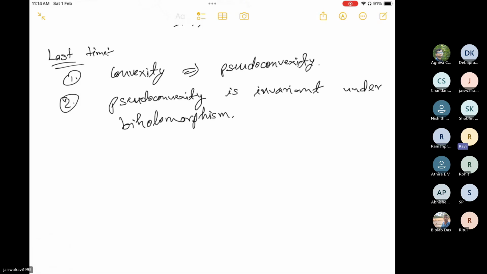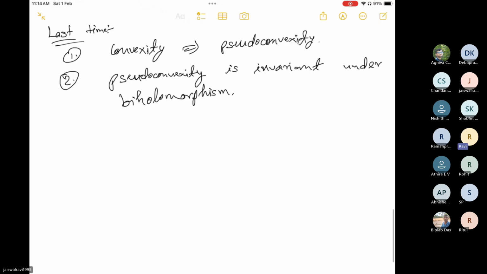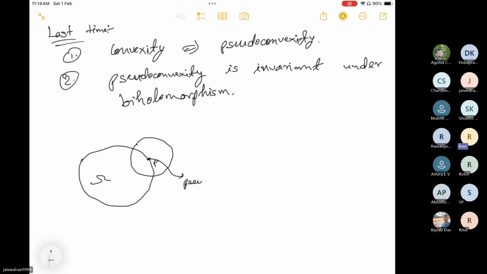So in lecture one, we defined the convex domain, and in lecture two, we defined pseudoconvexity. Can we say convexity and pseudoconvexity are related up to biholomorphism? What I'm saying is, assume this is domain omega and this point P is a point of pseudoconvexity.